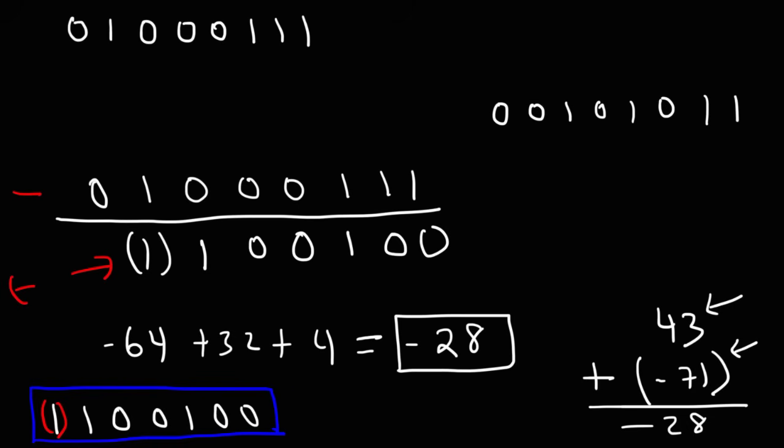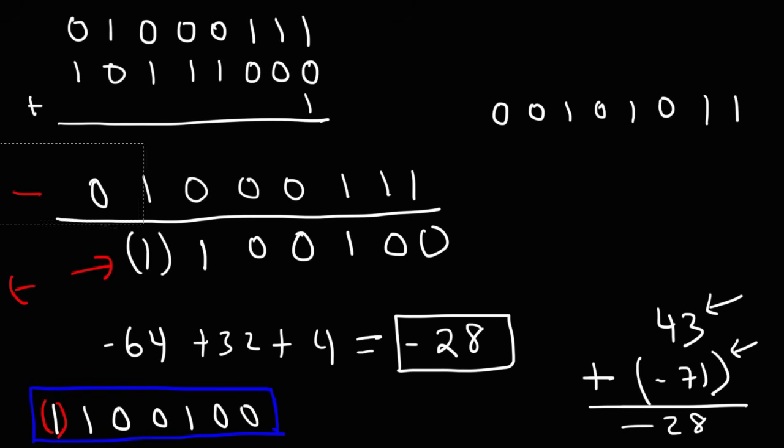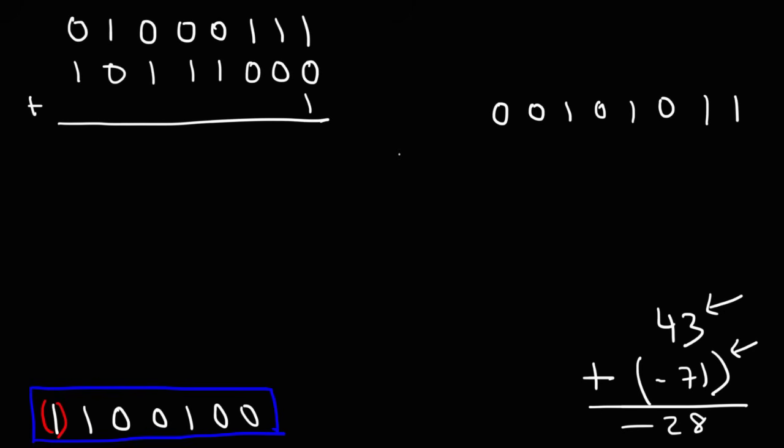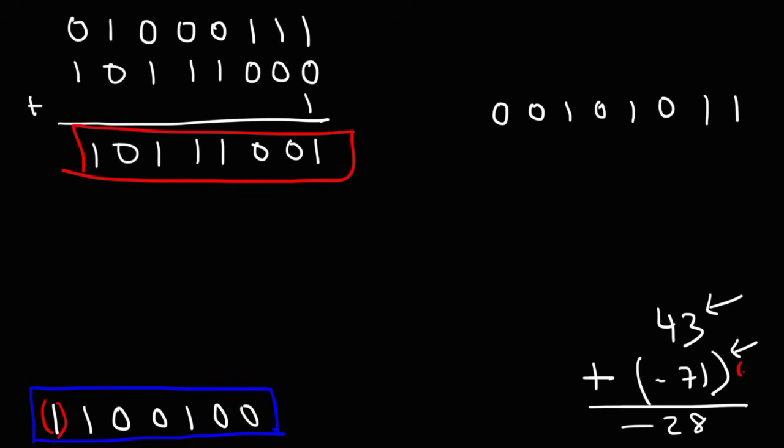Let's find the complements of all the numbers. So let's replace 1 with 0 and 0 with 1. And then we're going to add 1. So this is going to be 1, 0, 0, 1, 1, 1, 0, 1. So this should be negative 71.